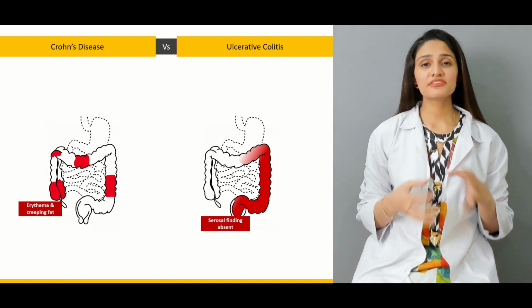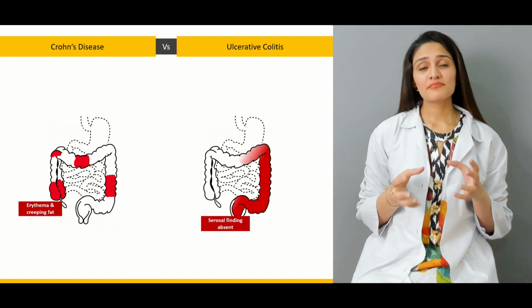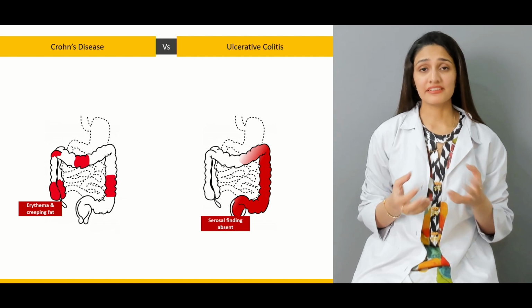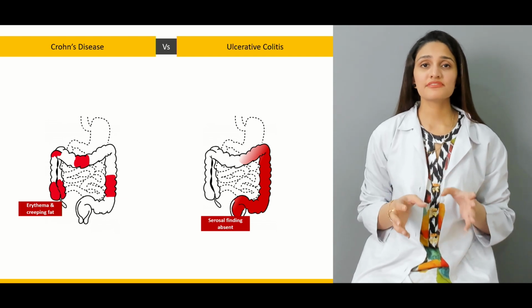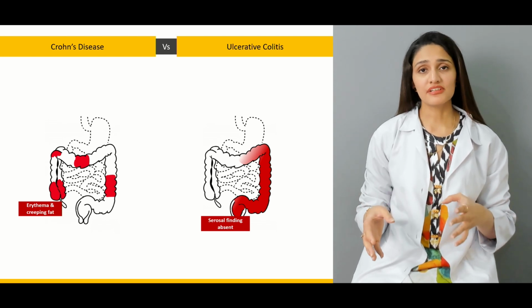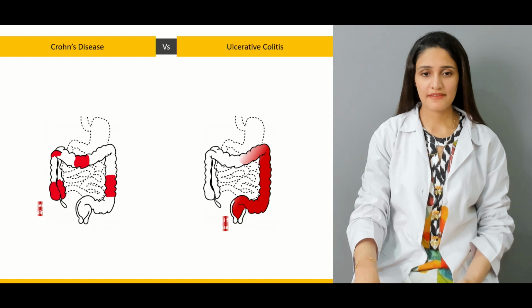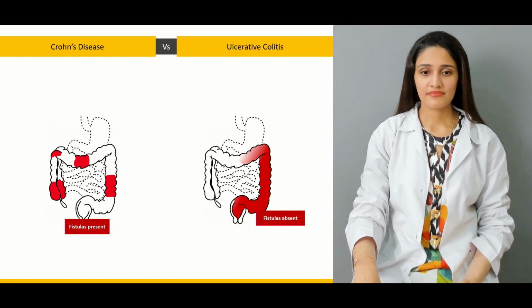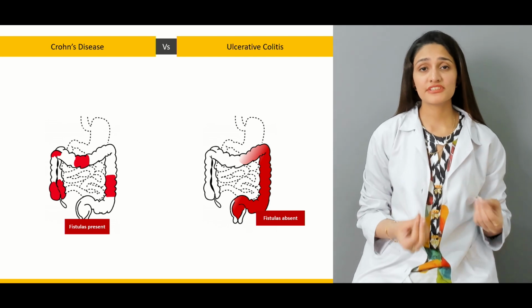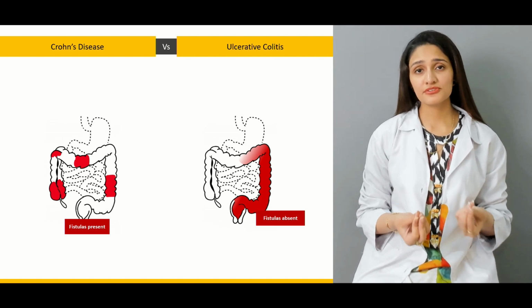So if we talk about the serosal findings, we can see serosal findings in Crohn's disease, which can present as erythema and creeping fat, but serosal findings are completely absent in ulcerative colitis. Like I mentioned before, as a perianal complication, fistulas are present within Crohn's disease.